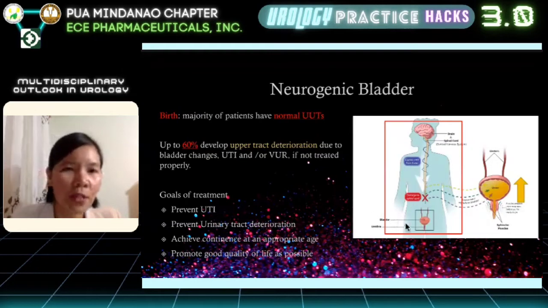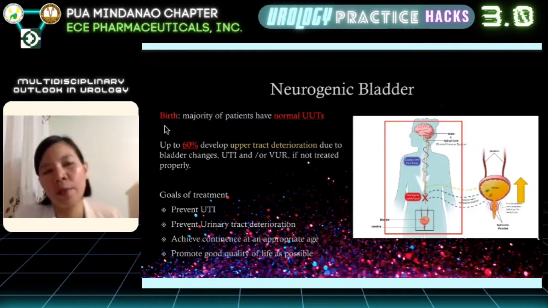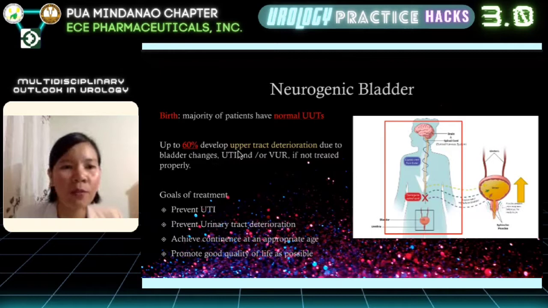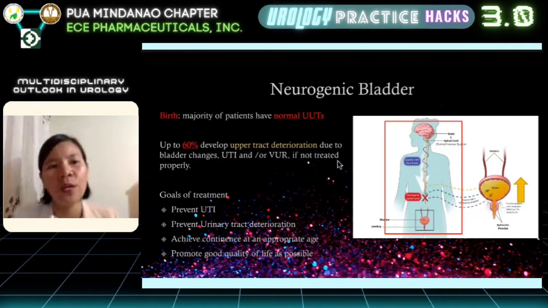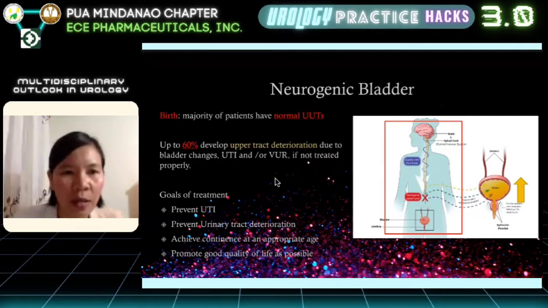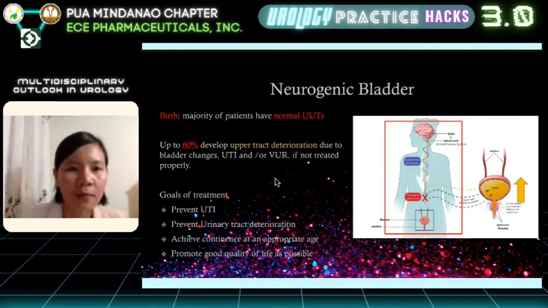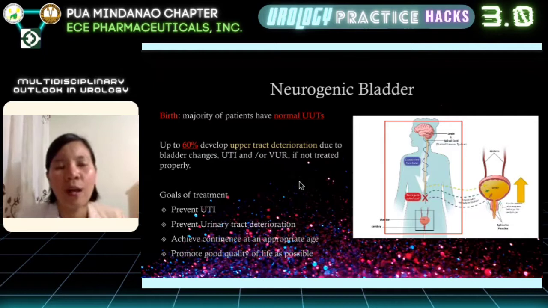A lot of patients with neurogenic bladder have normal upper tracts when they are born. But unfortunately, up to 60% will develop upper tract deterioration due to bladder changes, UTI, and/or VUR if not treated properly. So identification and prompt management for these patients is very important.